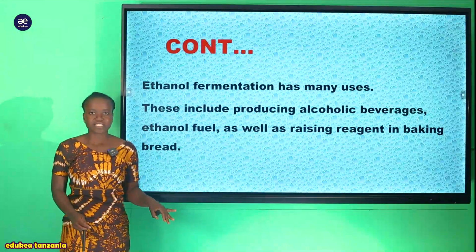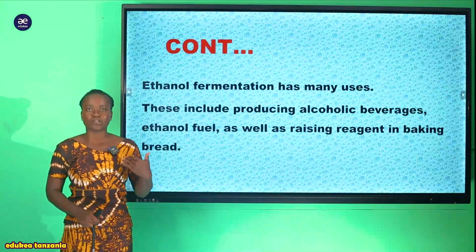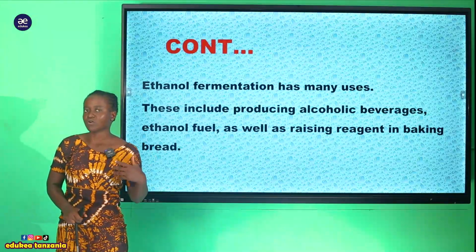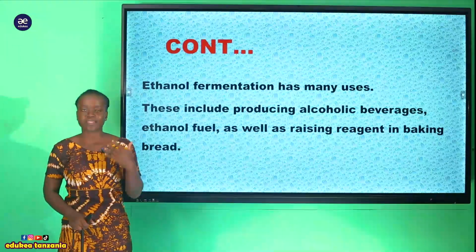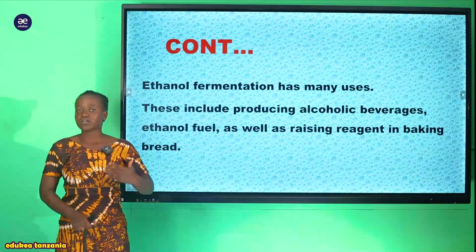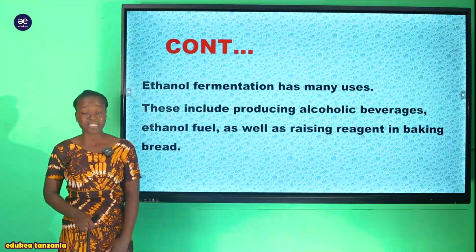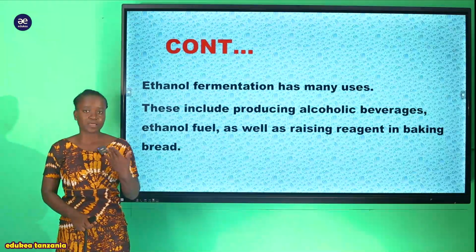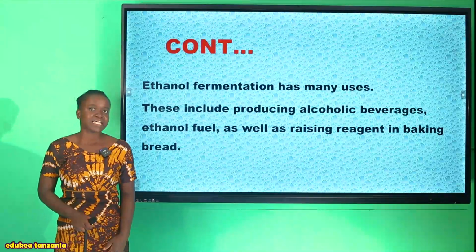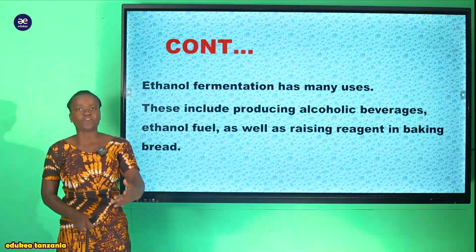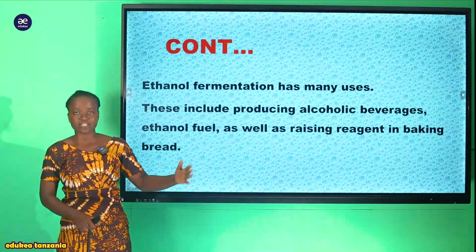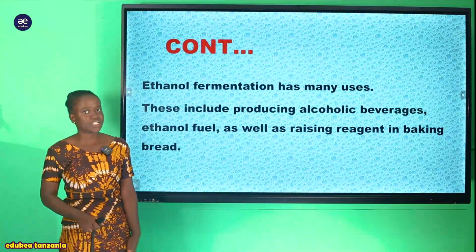Remember, we have seen that the production of ethanol mostly occurs in yeast, and also within a plant body, so within the plant cell. So due to that, it has the ability to produce different kinds of alcoholic beverages.